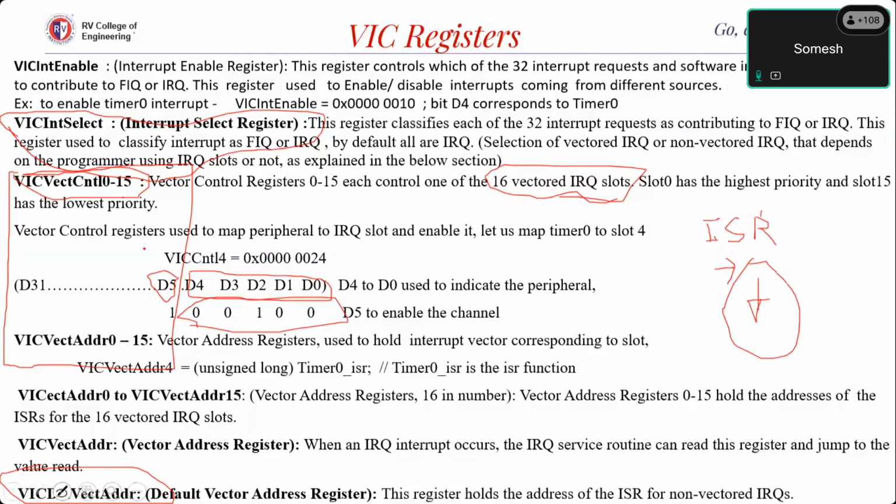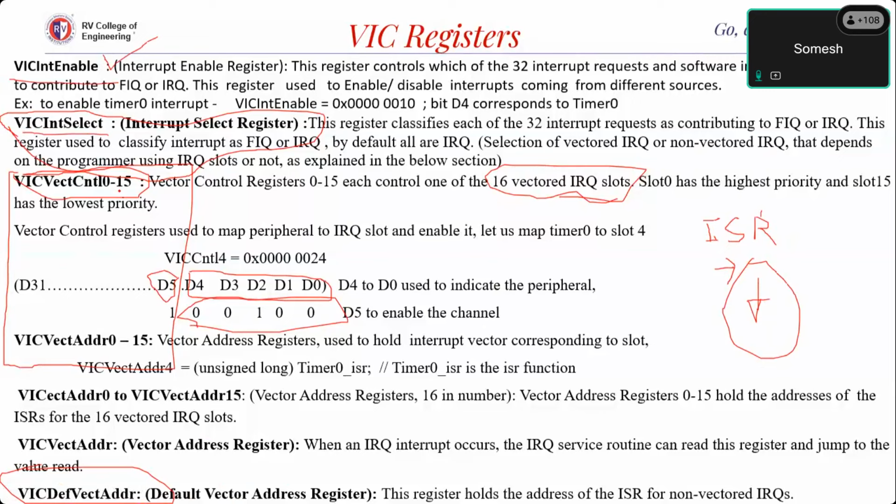So now we have understood all the registers related to the VIC. Before we start programming, let's revise. The VIC interrupt enable register is used to enable or disable interrupts generated from the 32 sources. VIC interrupt select is used to configure the interrupt generated from every source as IRQ or FIQ.